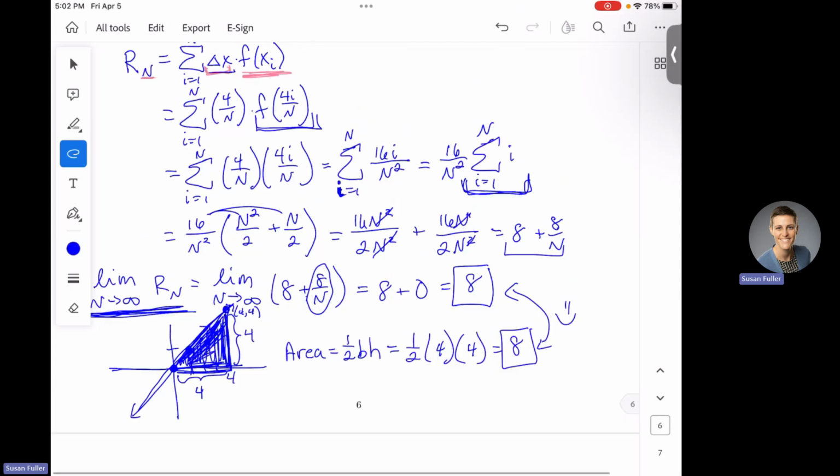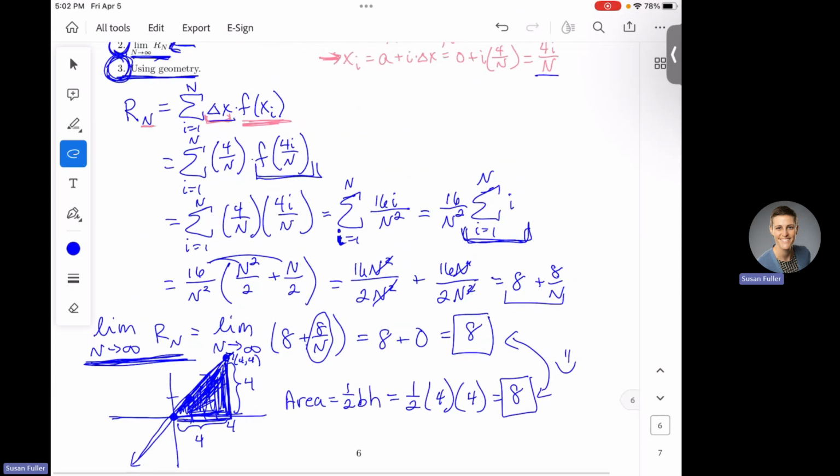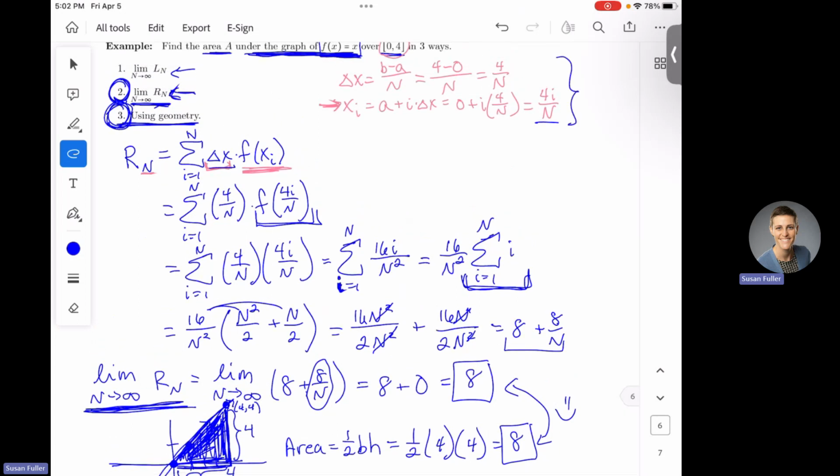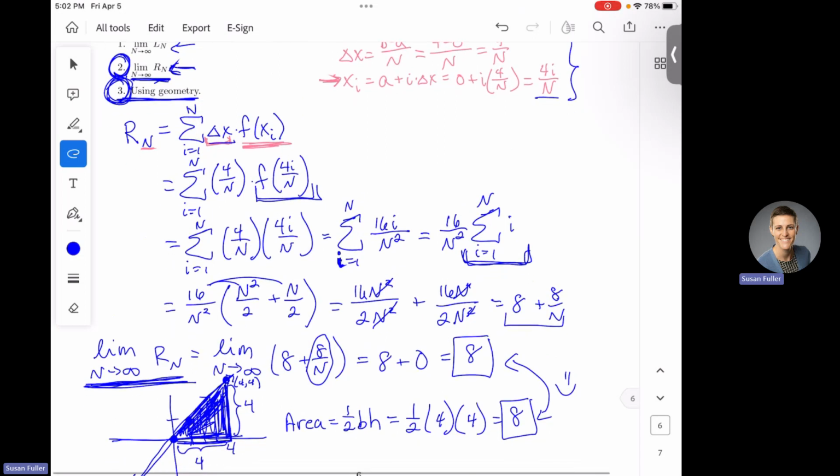So that's kind of what this process of finding the limit of a Riemann sum looks like. You use these formulas that we created on that very first day of a Riemann sum. You plug them into this beautiful summation notation, plug your x sub i formula into your function, whatever your function is.